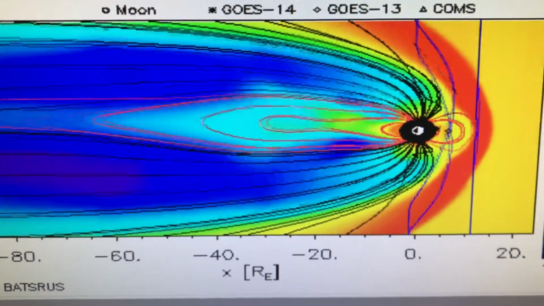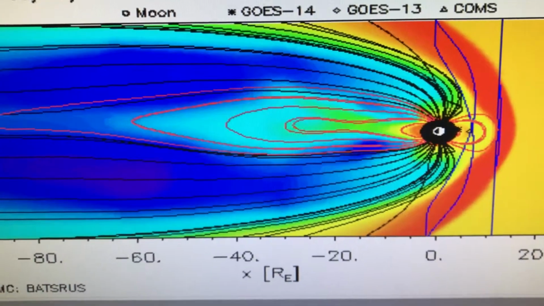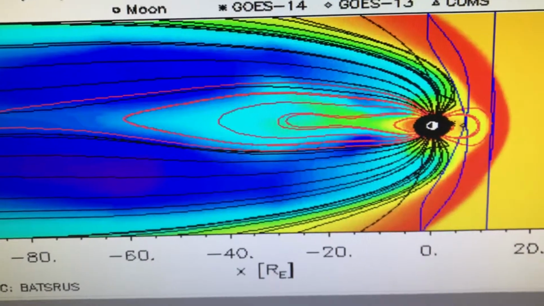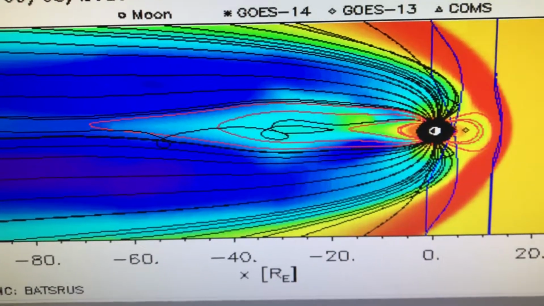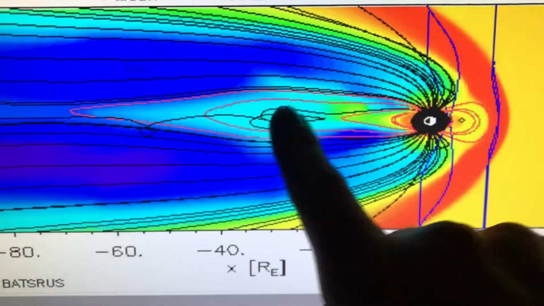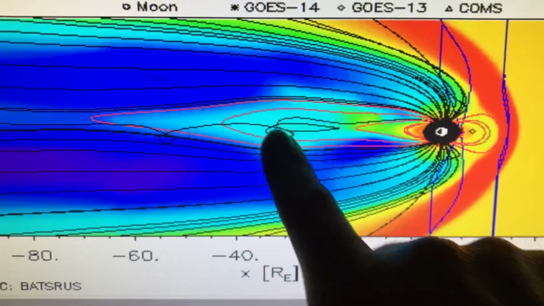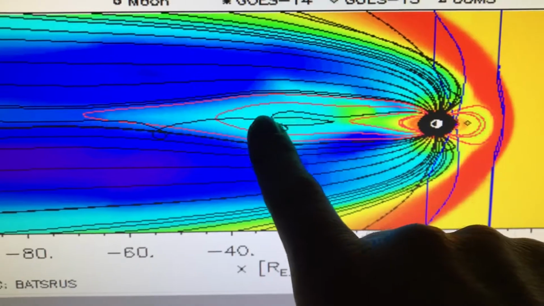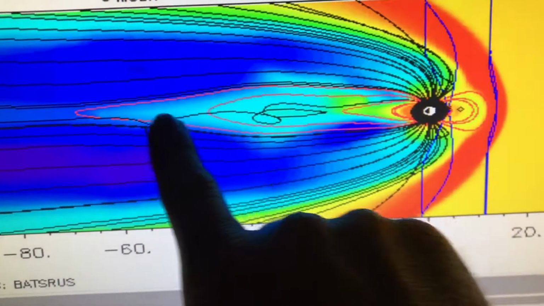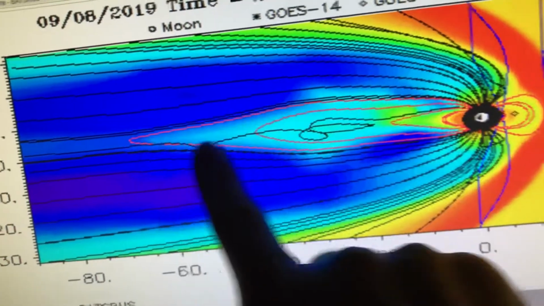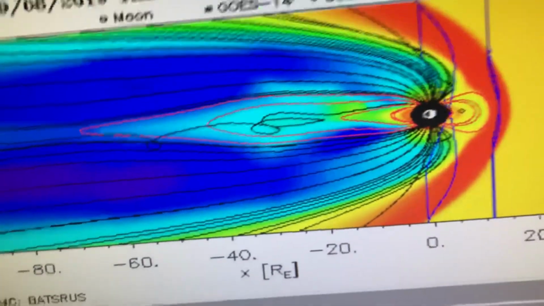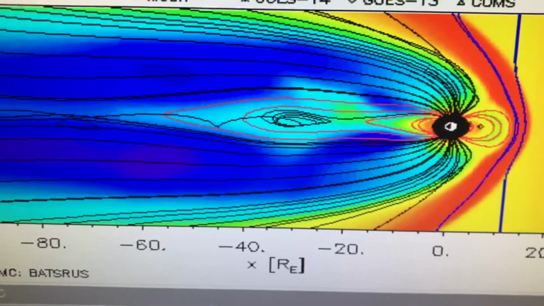But what's interesting is Mom starts pushing, or was pushing, but then right there, a polar cap line from Earth connects into our object again at -20 and connects all the way out, plus pushing closed field lines. But it gets interesting.